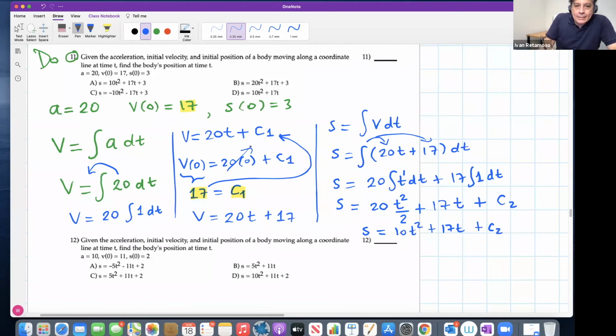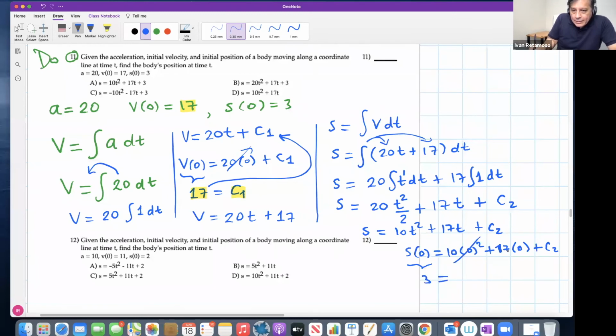Now it's time to use this extra information, right? They are saying that the evaluation of this function at 0, which is this, on one hand, should match the following number. Look, they're saying this should be 3.